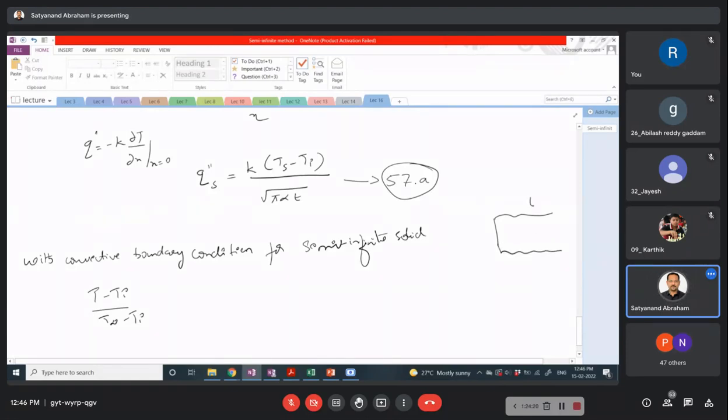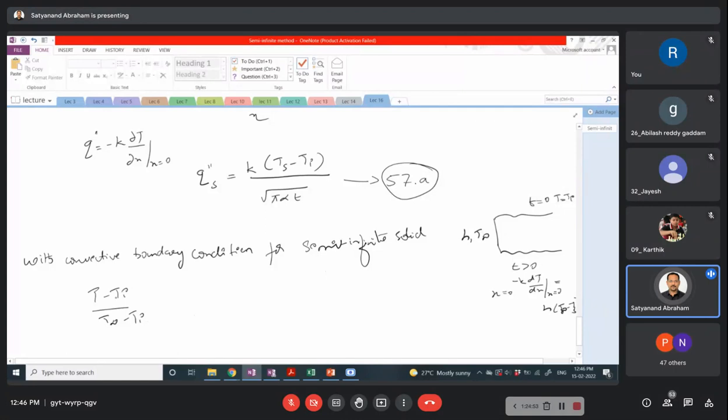Initially at t equal to 0, T is equal to Ti. And the boundary conditions vary with h and T infinity. So for t greater than 0, minus k dT/dx at x equal to 0 is equal to h into (T infinity minus Ts). That is the boundary condition at x equal to 0. So heat transfer coefficient and temperature of the fluid, that's what we know.